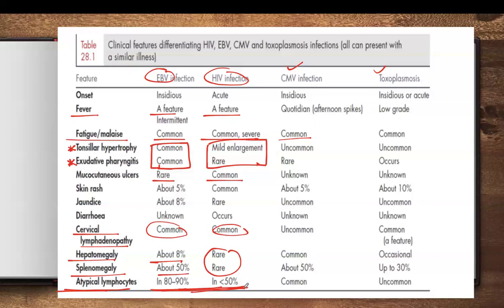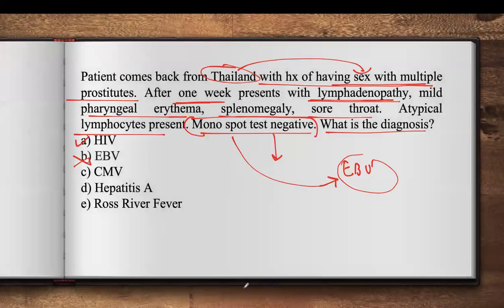The main difference between EBV and HIV is that EBV will have more sore throat, pharyngeal erythema, tonsillar exudates. They will have hepatomegaly, splenomegaly, whereas an HIV patient will not have this. Now, if you go back, you can see all the symptoms are lymphadenopathy, pharyngeal erythema, sore throat, splenomegaly. So all goes with Epstein-Barr virus. And that is your answer.